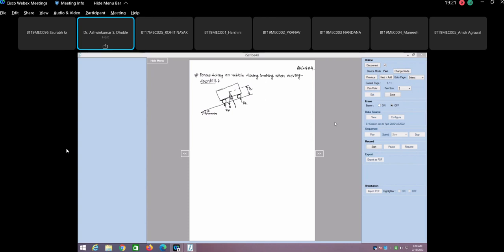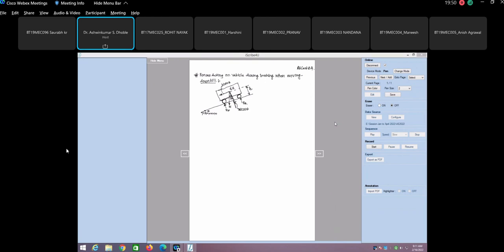There will be two components. This is the component W sin theta. Yes or no? This you have studied in banking of roads. And this component which is perpendicular is nothing but W cos theta.